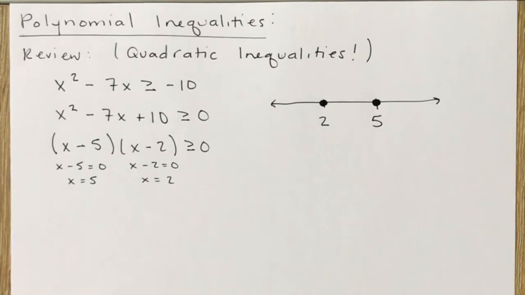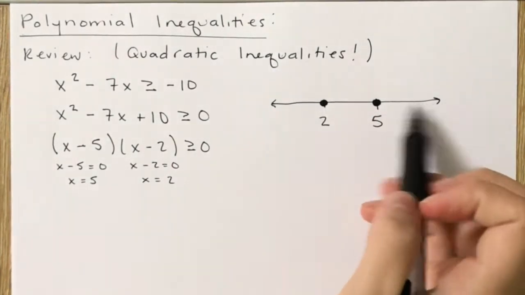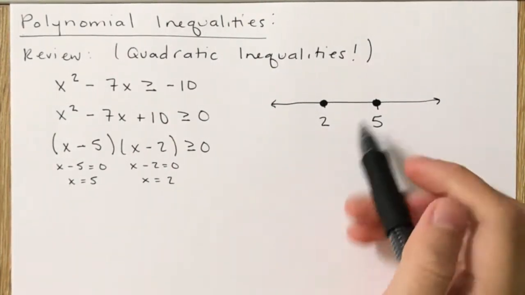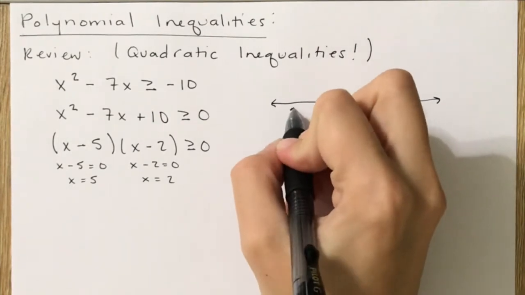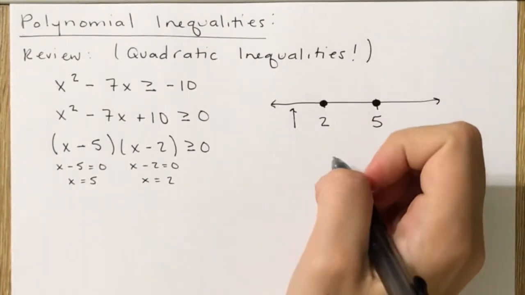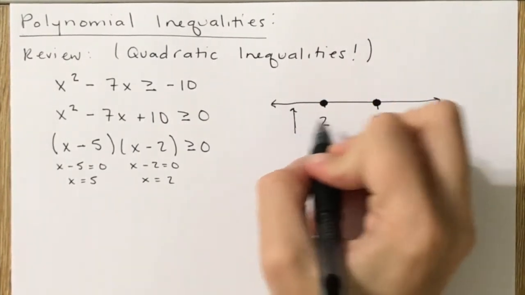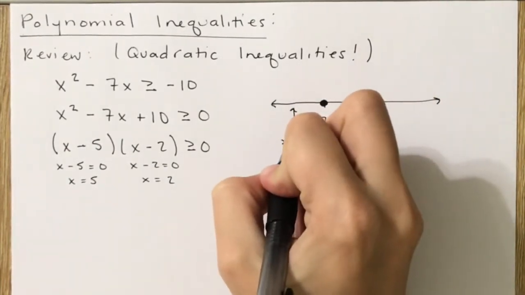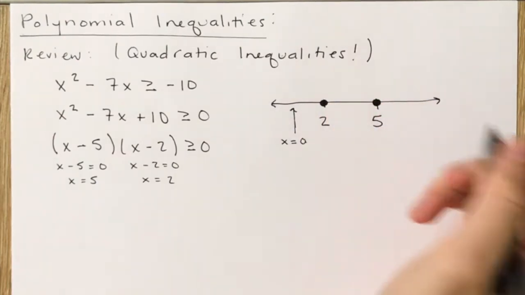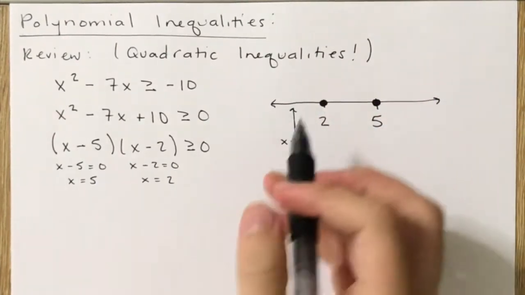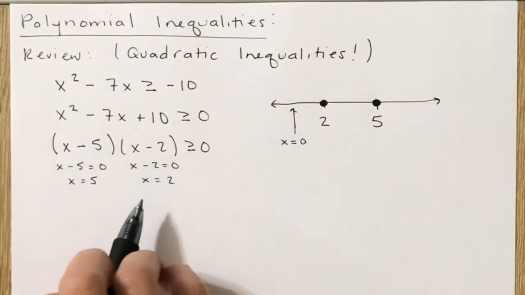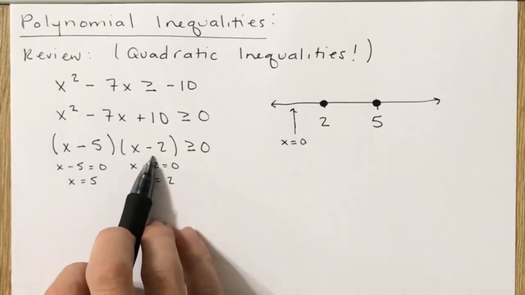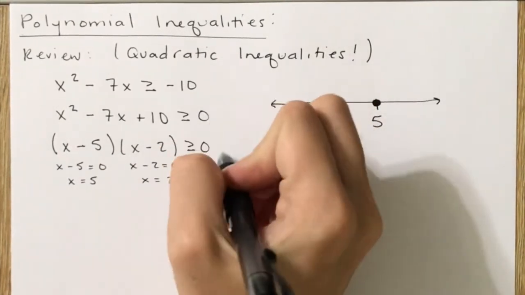Now, we want to check to see whether we are positive or negative at each of these intervals. Let's check this interval, right? So between negative infinity to 2. What is something that's between negative infinity and 2? Well, something easy to start with is 0. What happens if I plug in 0 into this function? Well, I can plug it into either of these two, right?